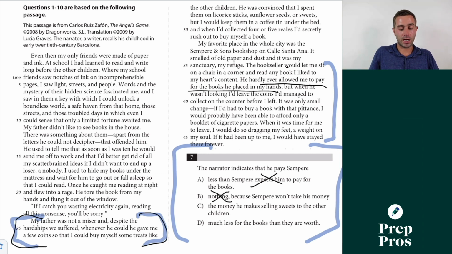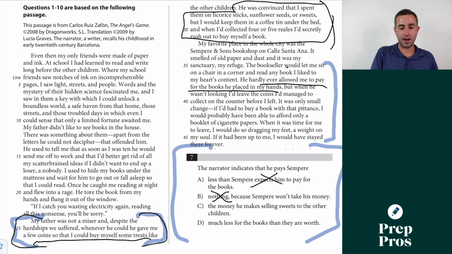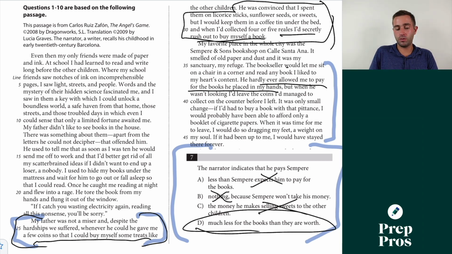My father was not a miser, and despite the hardships we suffered, whenever he could, he gave me a few coins so that I could buy some treats like the other children. And now up here it's saying he thought he was spending them on that, but secretly he's using them to buy a book. So we know he's not making money from selling sweets. That's why that's wrong. But D is our correct answer here, and it's completely provable because he's paying a small pittance for the books, not their full value.